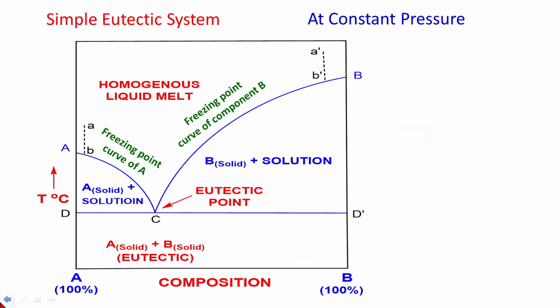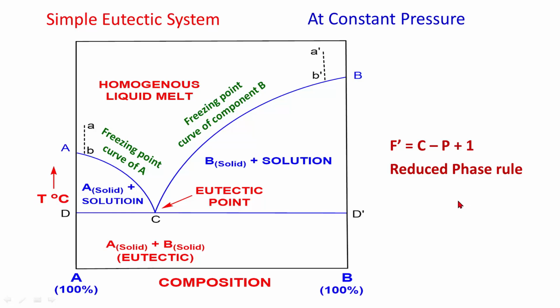This is a phase diagram of a simple eutectic system of two components A and B. This is plotted at constant pressure by considering the reduced phase rule equation, that is F dash is equal to C minus P plus 1.